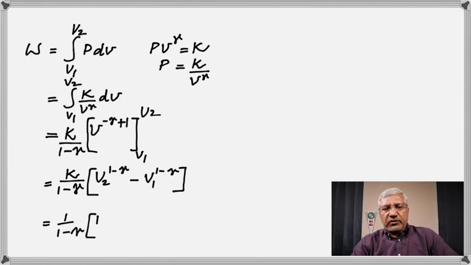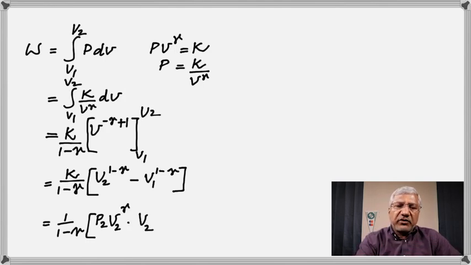And then I'm taking the K inside, multiplying both the terms with K. You see this K with this and this K with this. But the trick is K can be given either the value P1 V1 raised to gamma or P2 V2 raised to gamma, because it's a constant. So for the first K, I'm going to give it the value P2 V2 raised to gamma.